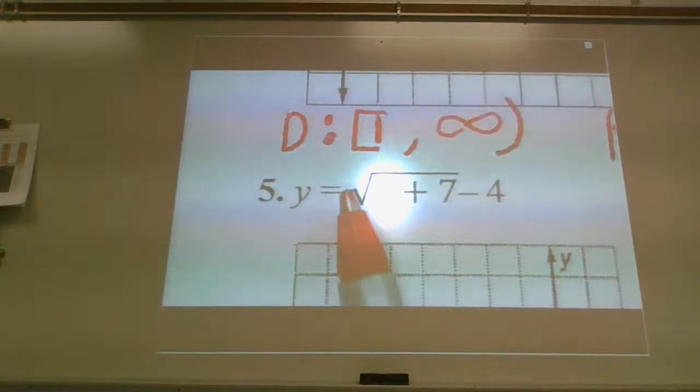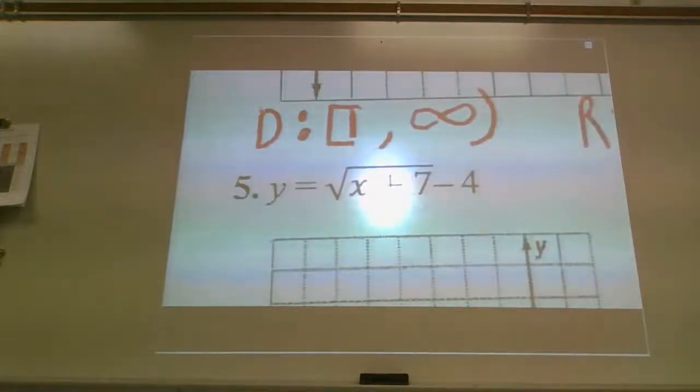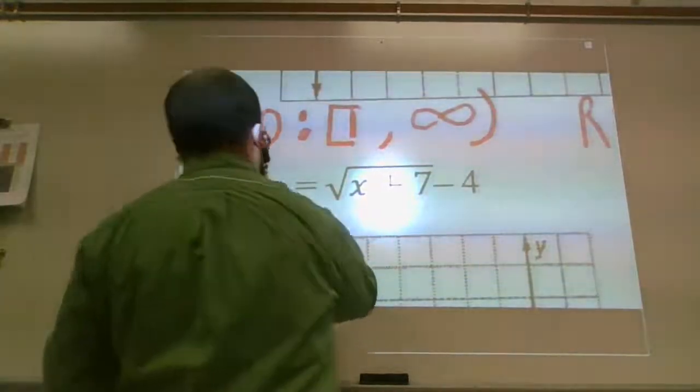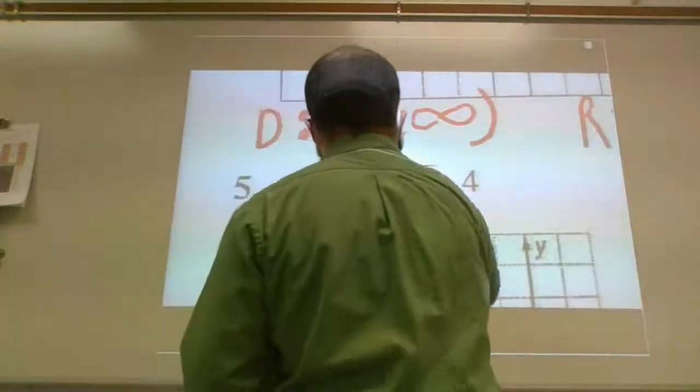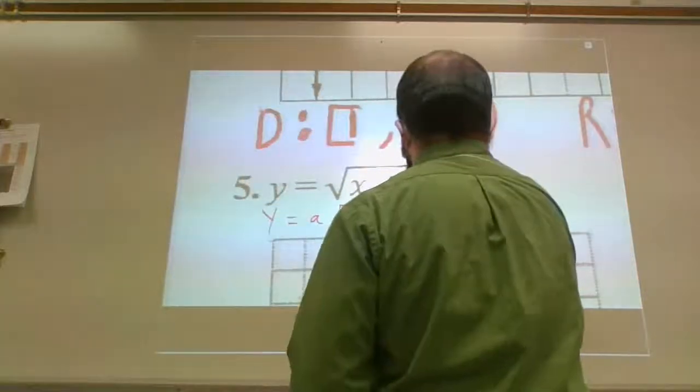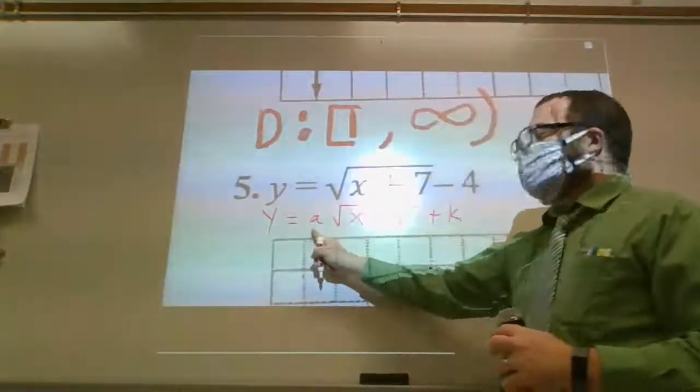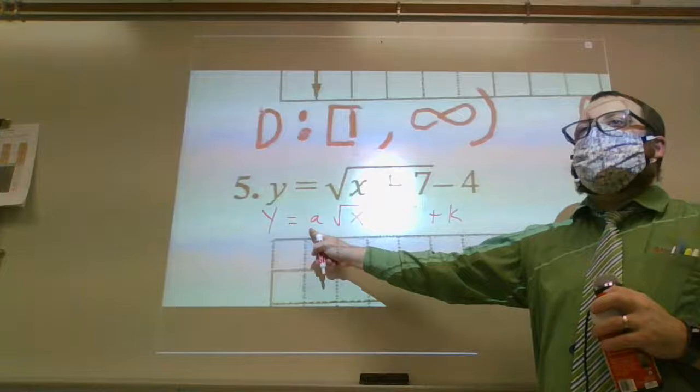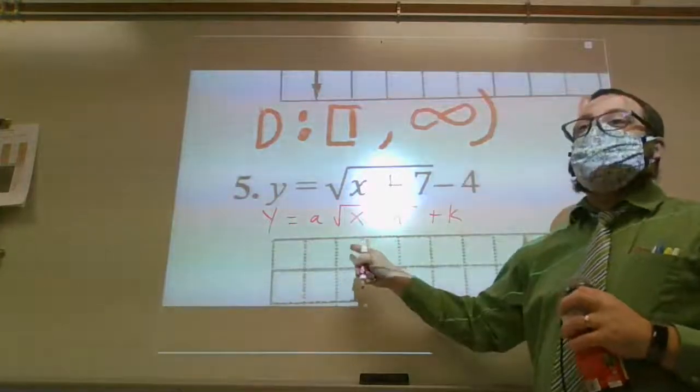Not for this one. I'm not talking about the square root. I'm talking about what's in front of the square root. Here, let me walk up to the board real quick. I'll show you what I mean. Check this out. Remember, the A value is in front of that square root.